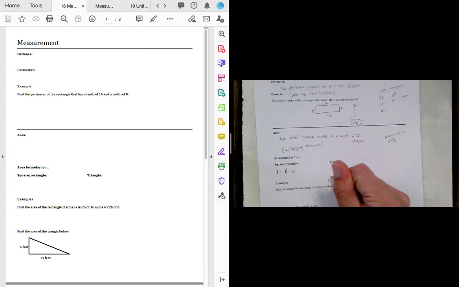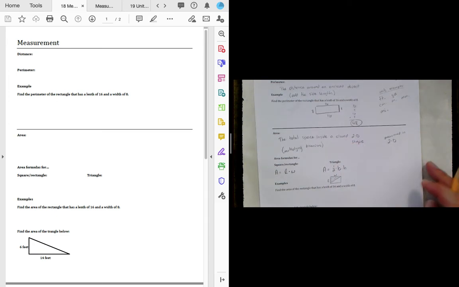So this is why the triangle gets the 1/2 in the front. Because it's only half of this object that I'm finding the area of if I want to find the area of the triangle. We also don't use L and W, length and width, for a triangle. We use B and H. They mean the same thing. The area of a triangle then is 1/2 times the base times the height.